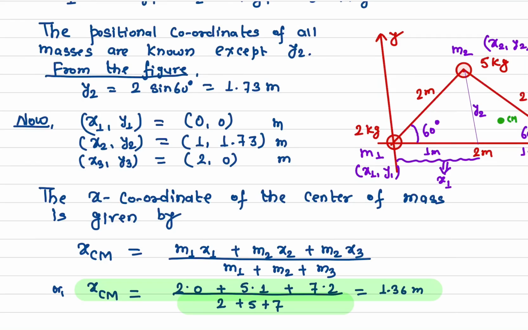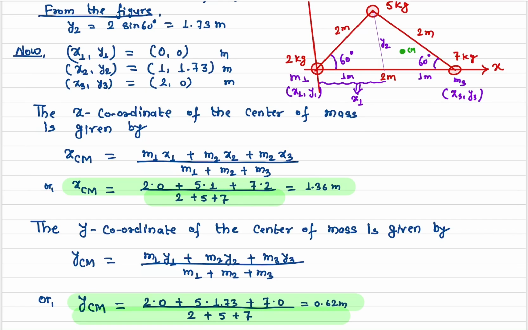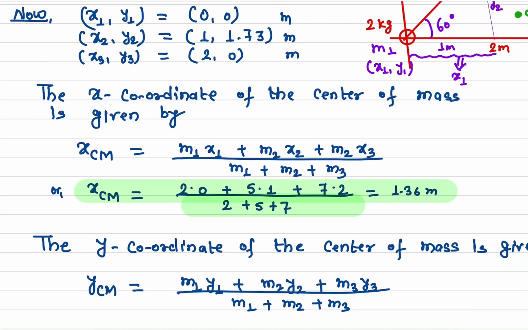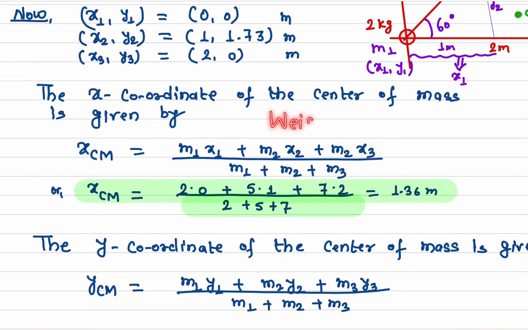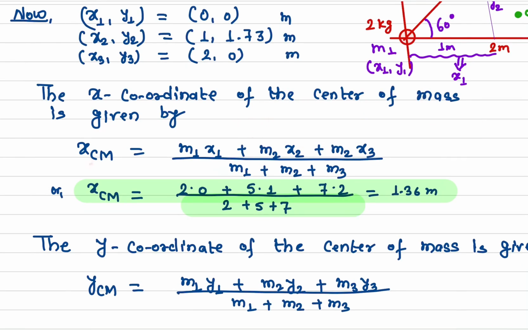Once the masses and the position coordinates are known, we can use the formula for calculating the center of mass. For a discrete mass system, the x coordinate of the center of mass is given by this formula here. This is called the weighted average. So the x center of mass is m1 x1 plus m2 x2 plus m3 x3 divided by all masses.